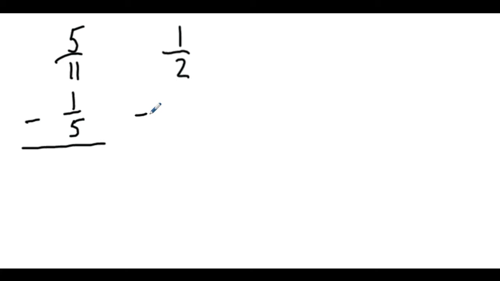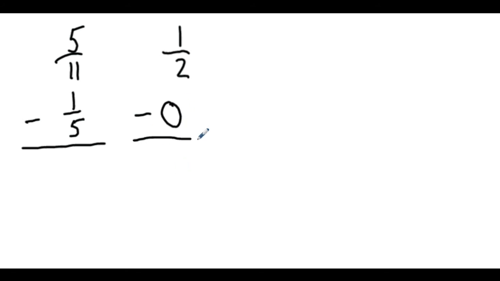Now I'm ready for the next one. I put my subtraction line so I don't forget to do it later. And I think about the comparison between 1 and 5. 1 is very close to 0 when compared to 5. Between 0 and 5, 1 is very close to 0. So instead of thinking about it as 1/5, I can estimate and think about it as 0.